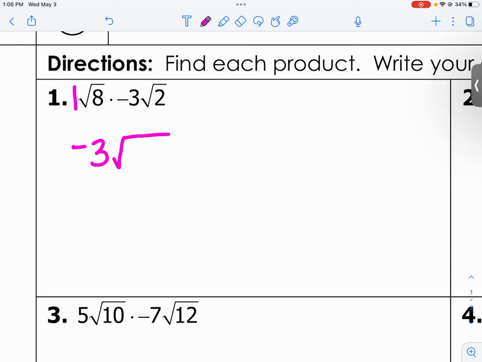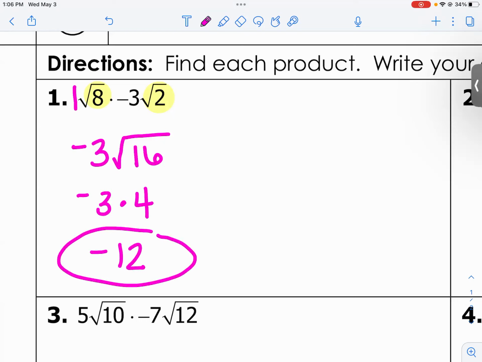And underneath the radical, we are going to do this product. This is -3 times 4. So our answer is negative.